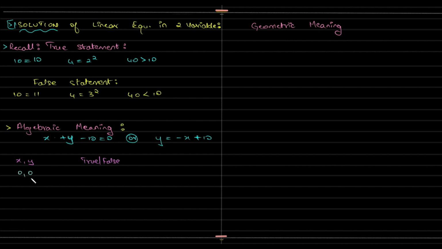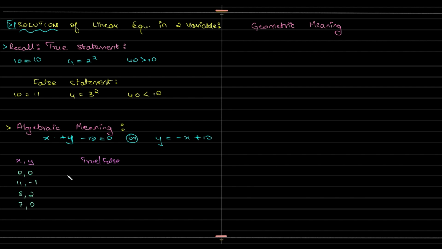We'll start off with a very simple value, 0 comma 0, then 11 comma minus 1, then 8 comma 2, then 7 comma 0. Let's use these and try to figure out what makes a true statement and what makes a false statement.